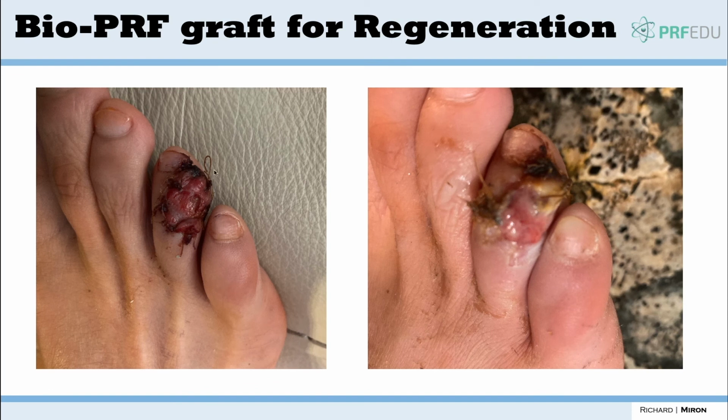Here's another case, was done by one of my colleagues. Again, this right here was an actual melanoma. And this doctor, done in Naples, Florida, treated this with an autologous skin graft.